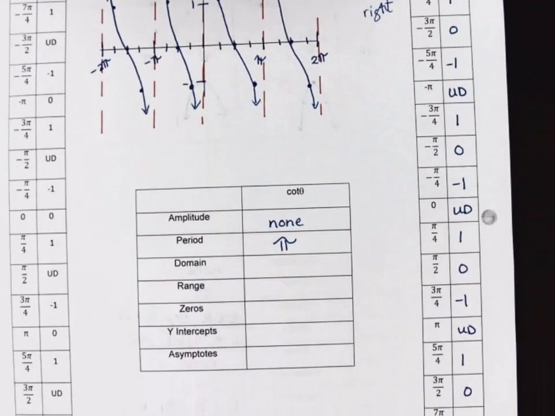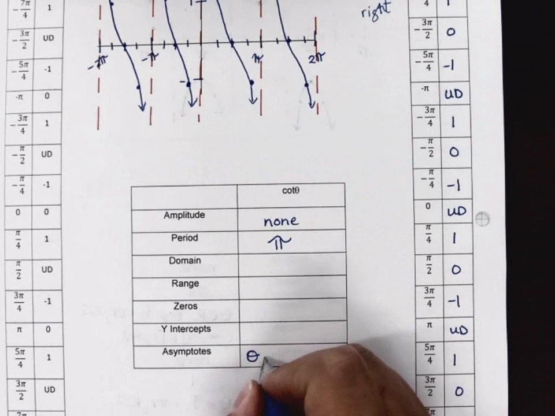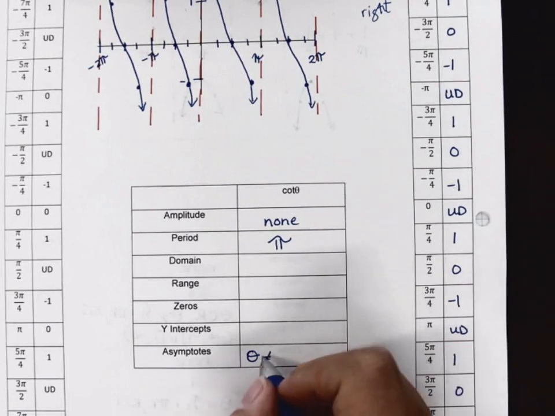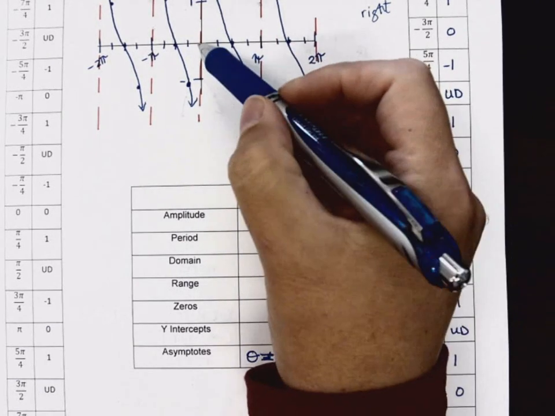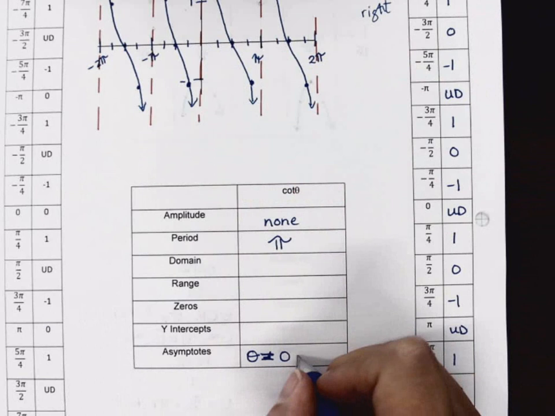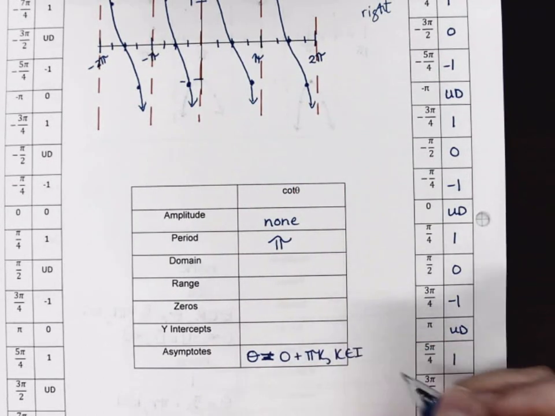The domain. So again, I'm going to do my asymptotes first. So theta can equal, sorry, that should be an equal sign. Theta can equal, my very first one is at 0. So 0 plus pi k, where k is an element of the integers.